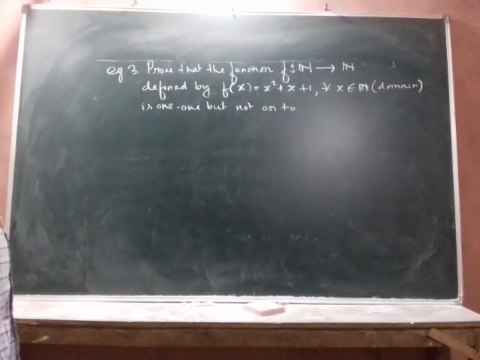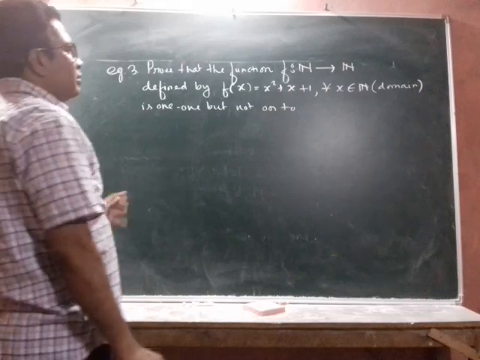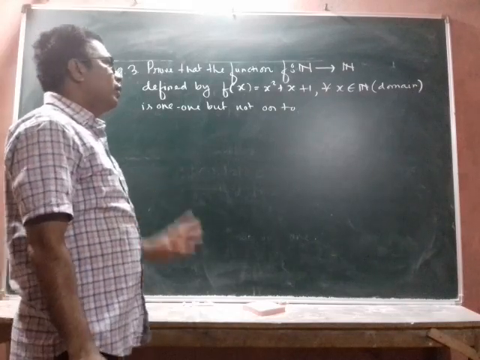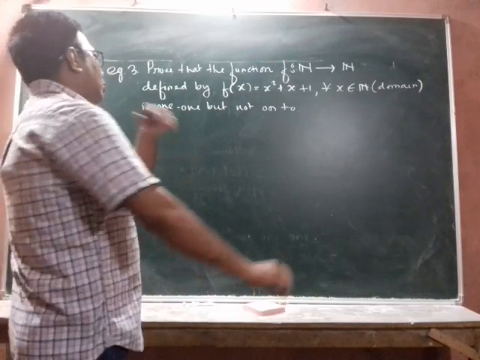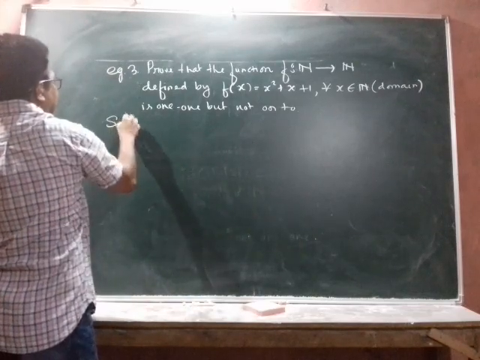So prove that the function f from natural number to natural number defined by f(x) equal to x square plus x plus 1 for every x belongs to the domain is 1 1 but not onto. So let us solve it.